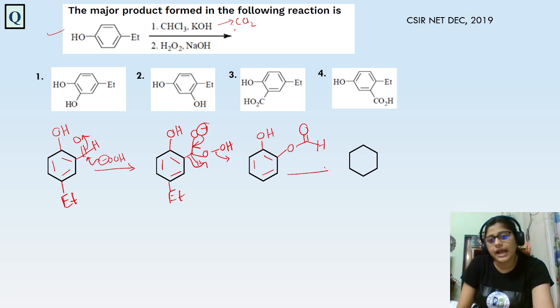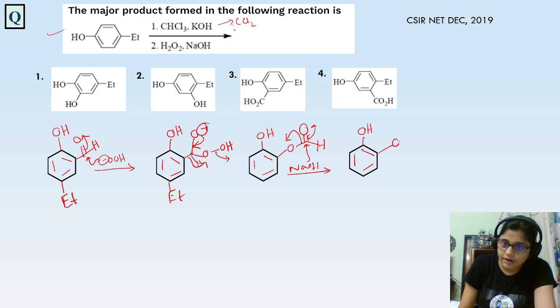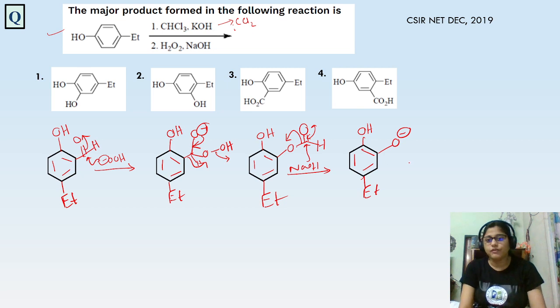After that, since NaOH is present, NaOH will attack here and it will actually be removed. So the product will have OH obviously here. Here also O minus is there and Et is present like in the reactant, right? And what is removed from here?